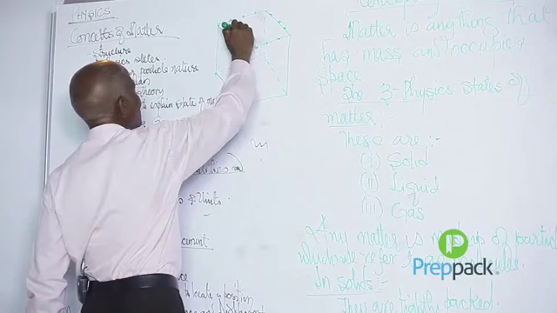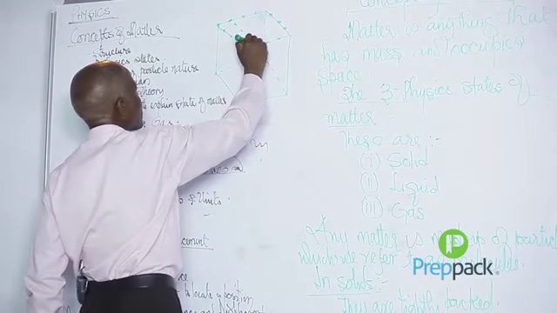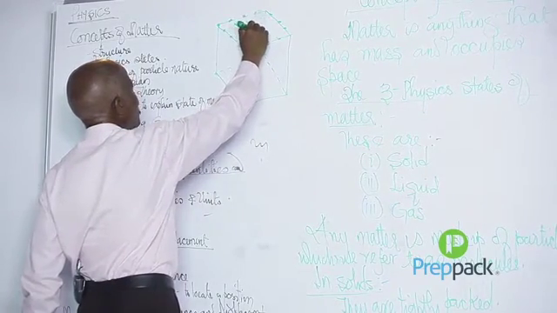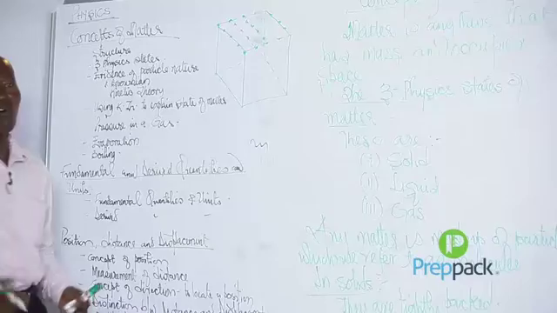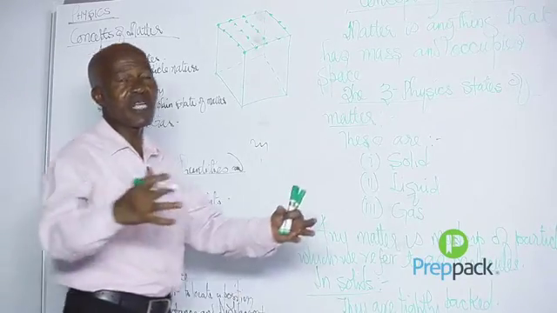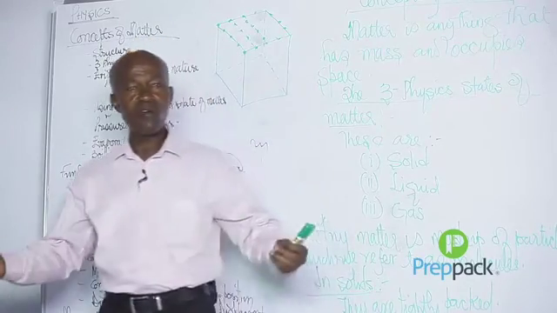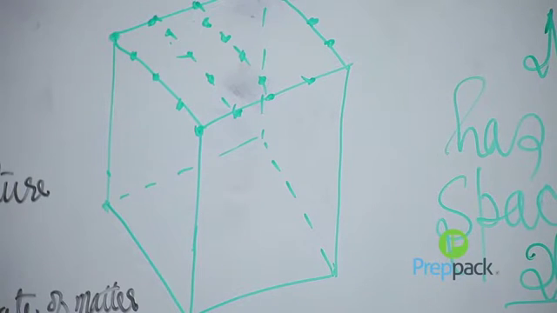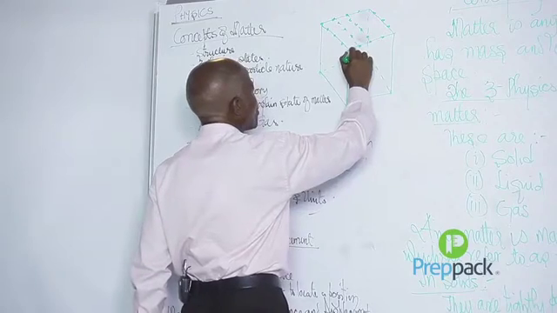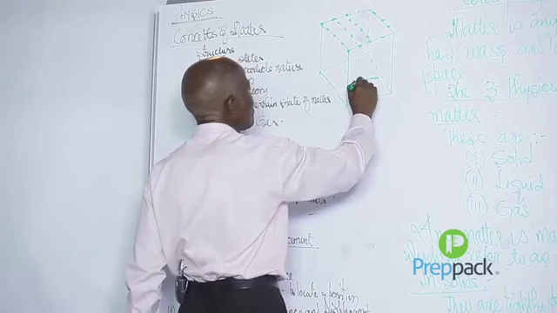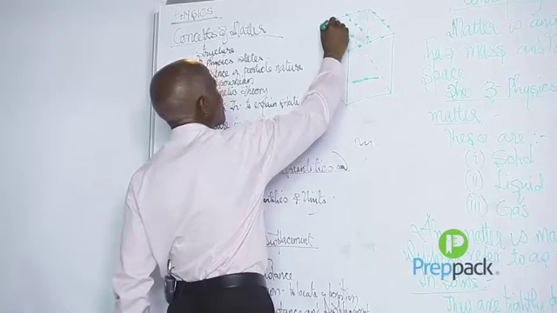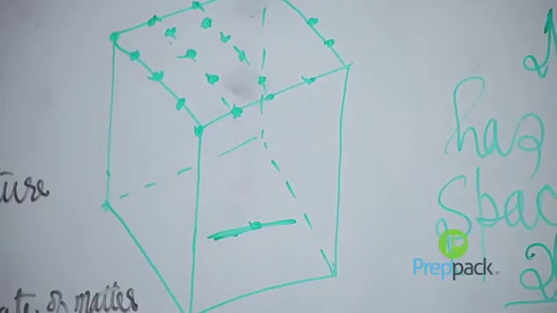And what happens is that each of these molecules exert force. The force could be that of attraction. It could be that of what? Repulsion. So attraction, repulsion could make it to be vibrating about the mean position. These are the mean position, where the position of rest. We can refer to it as the position of equilibrium too.